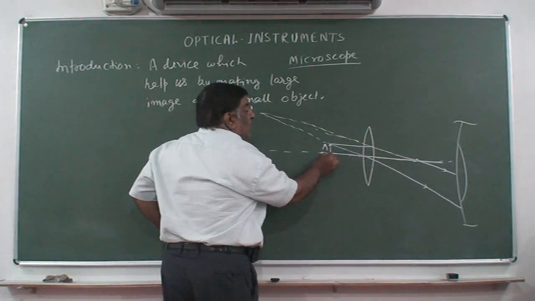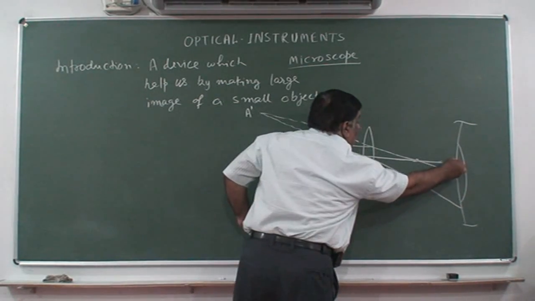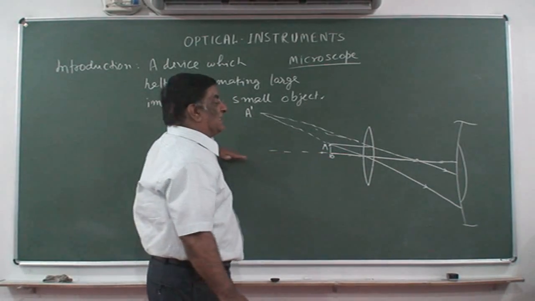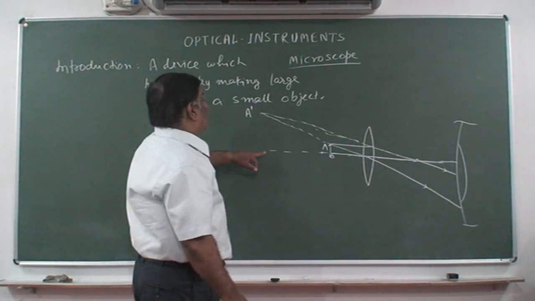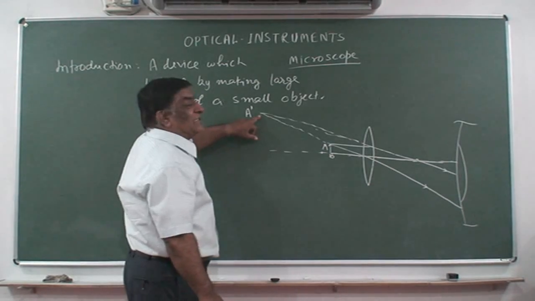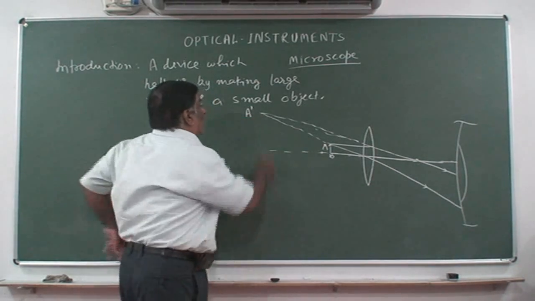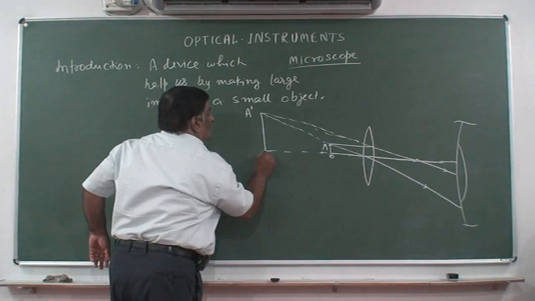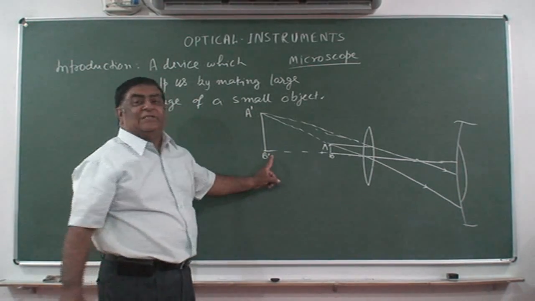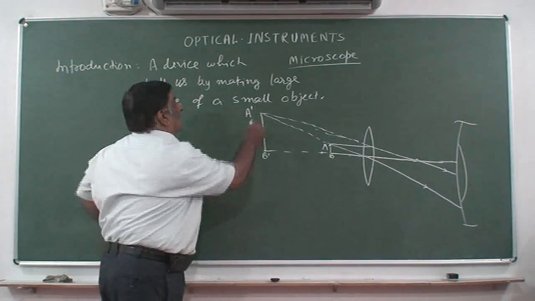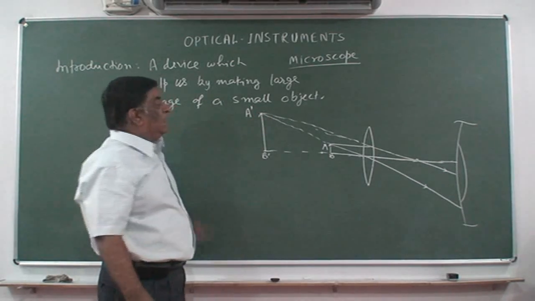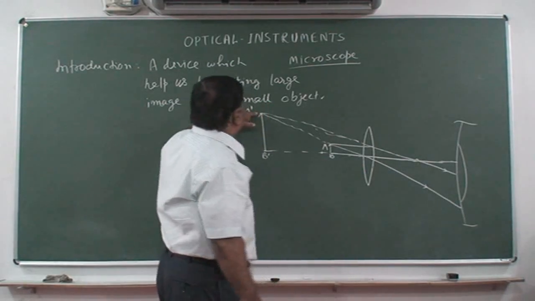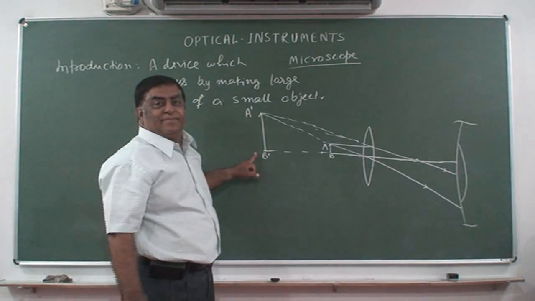Now, for B, this line shows that B dash has to be on the principal axis. A dash is here, AB is normal, so A dash B dash will also be normal. So here we get the location of B dash. When we see from the eyes here, we see A dash B dash.